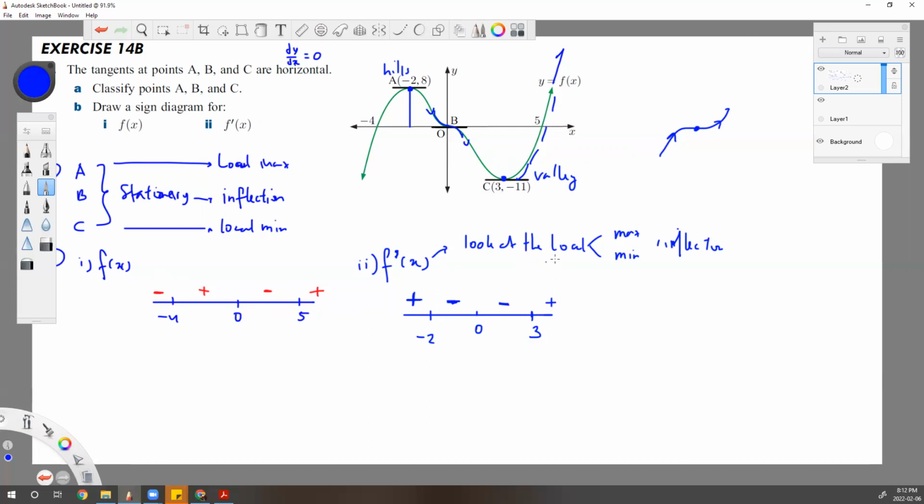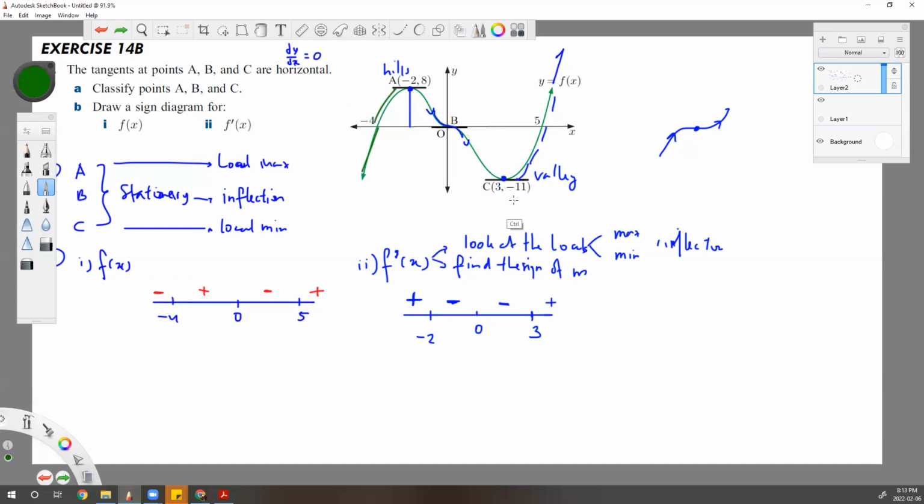So you have to look at the locals and find the sign of the gradient. Okay, find the sign of m, right? So if you look at the left side, it is going up, and then start from -2 going down, and 0 and going down also again.